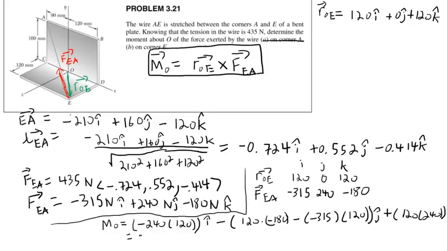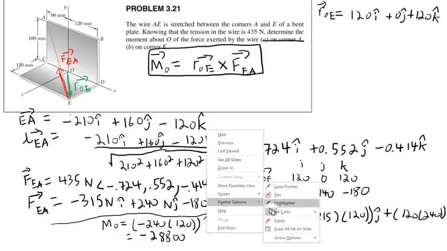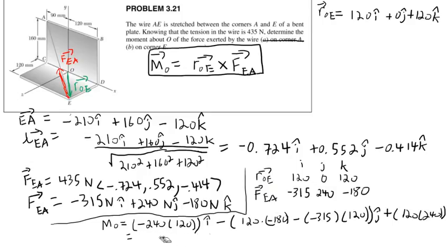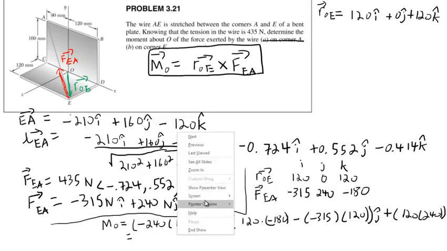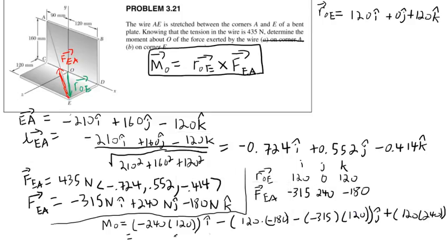So here, negative 28800. I'm just going to divide these all by 1,000. That'll allow me to go to Newton meters instead of Newton millimeters. So this is going to be negative 28.8 Newton meter i.